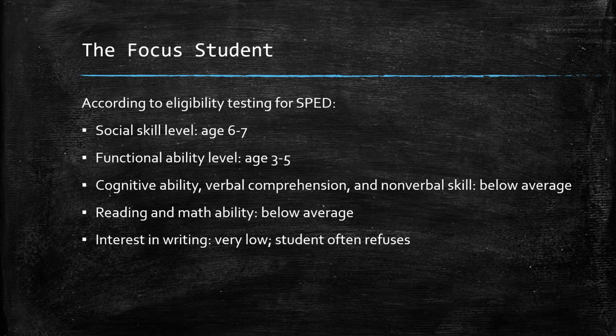She did score below average on cognitive ability, verbal comprehension, and nonverbal skill, and then also below average on reading and math ability. Her ability in writing was actually unable to be taken, probably for a lack of interest in writing. She did refuse to write for this assessment, and it's not the first time that's happened in classes, and certainly not the last time either.